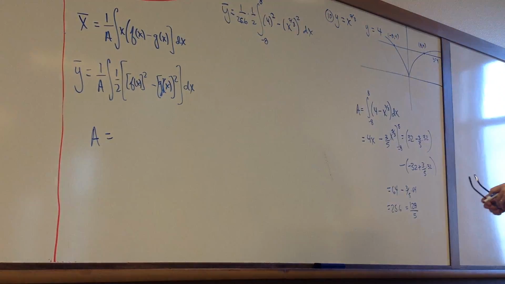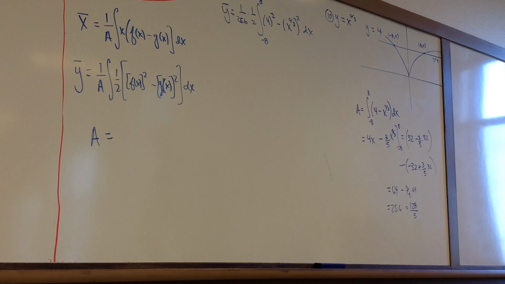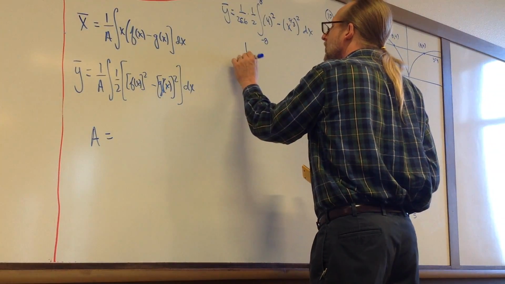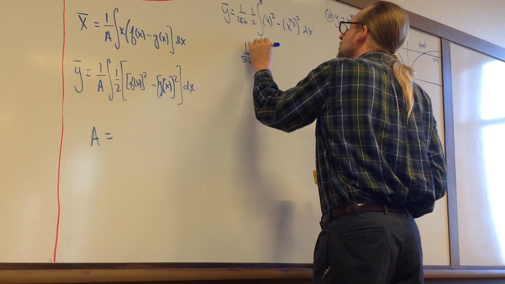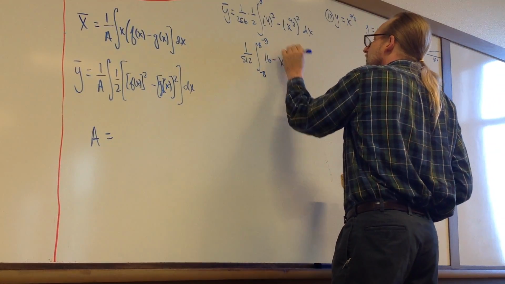All right, so there's our integral, and what is this going to be down here, 51.2? Okay, so 1 over 51.2. Integral -8 to +8, 16 minus x to the 4/3 power.